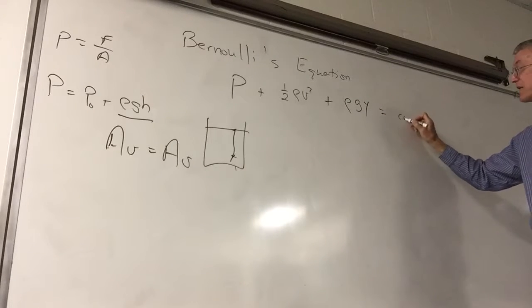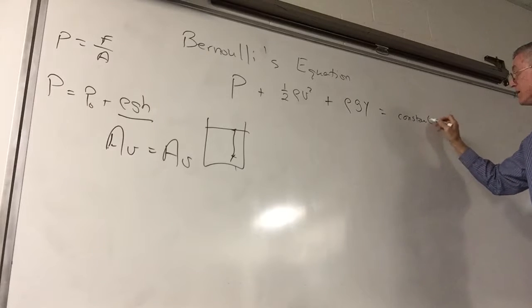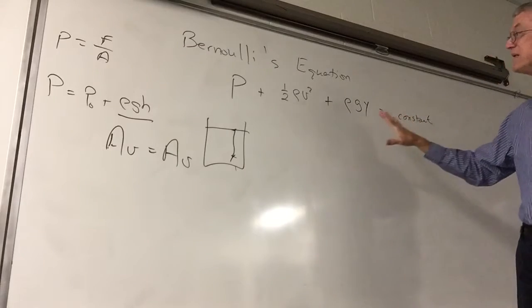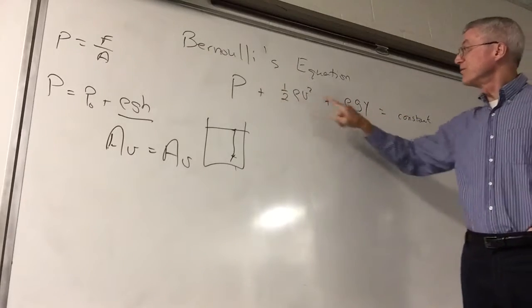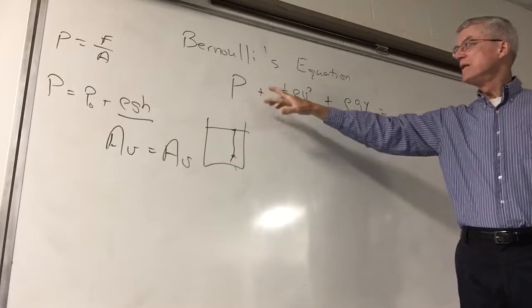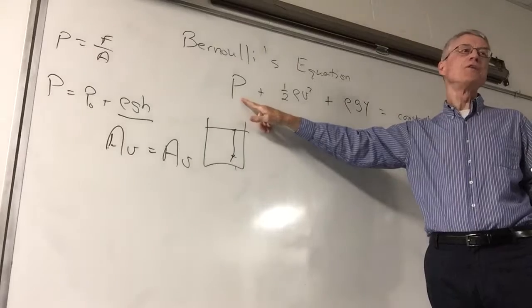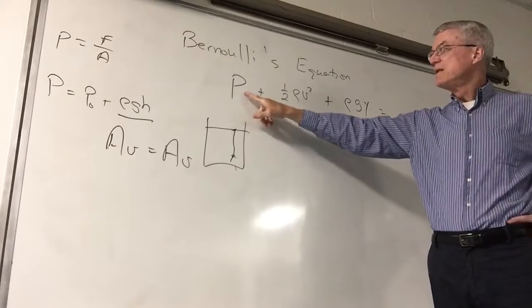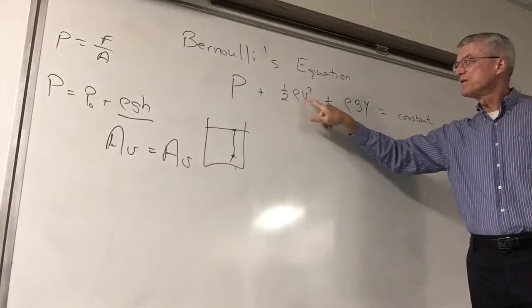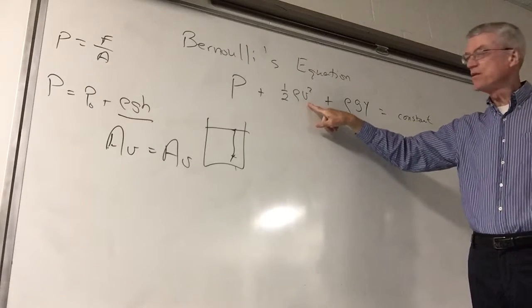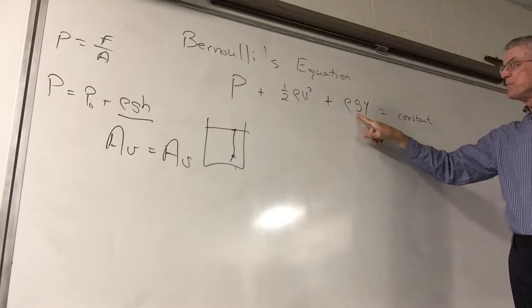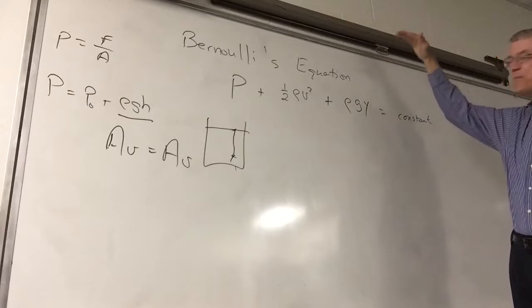But what I can say is that it's a constant, which means these three things affect each other. Let's just use air as the fluid, as an example. The pressure of the air, then 1/2 the density of air times the speed of the air, if the air's flowing like wind, and then density times 9.8 times y, how high up you are in the air.